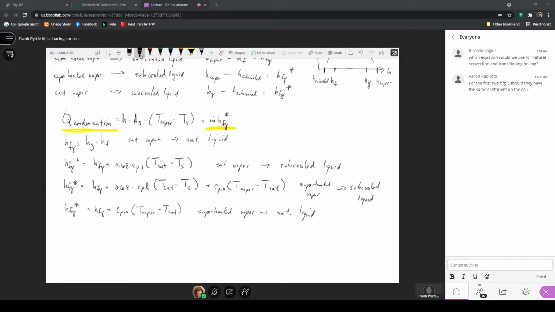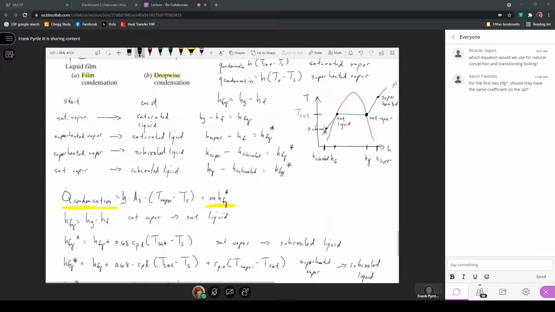So whenever we're considering condensation, if we want to calculate a rate at which condensate is occurring, which is going to be some kilograms per second, we'd have to consider how we define HFG star. Now, again, the calculations of H are going to depend on the flow conditions. Rather than write the equations, we're going to consider film condensation.